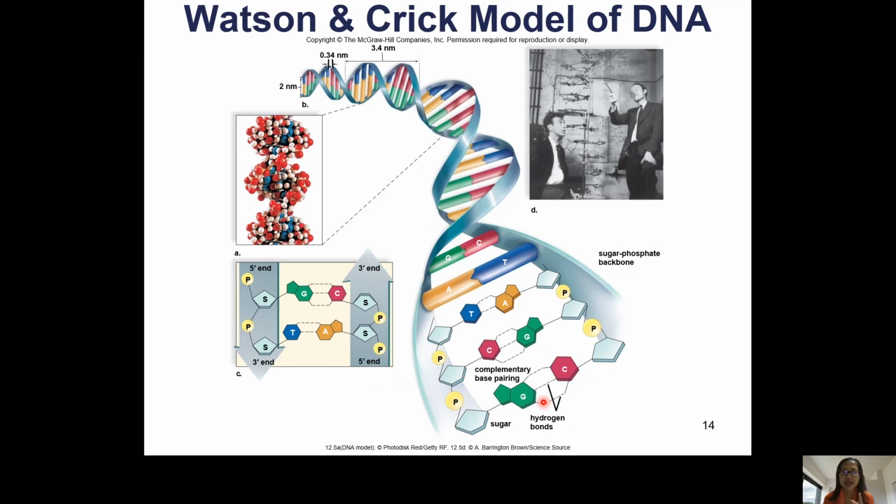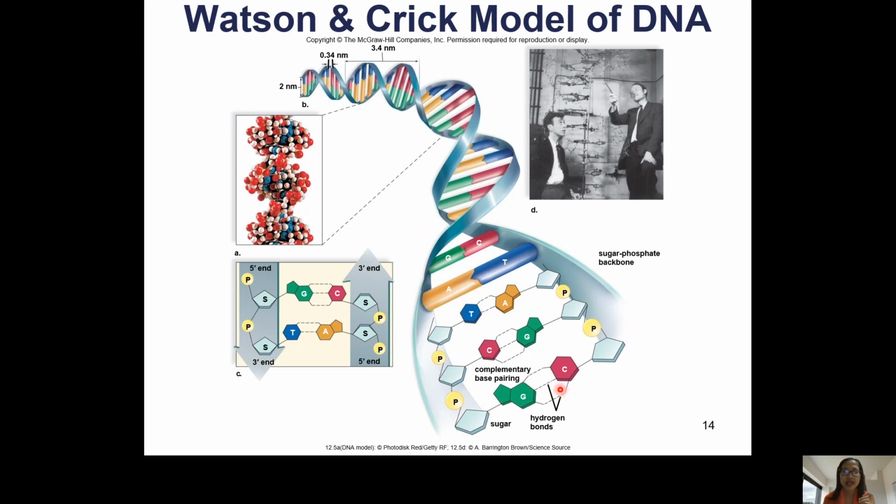Remember, nucleotides are bound to other nucleotides by phosphodiester bonds, so the phosphodiester bonds form the backbone of the DNA, but the complementary nitrogen bases are bound together with hydrogen bonds.